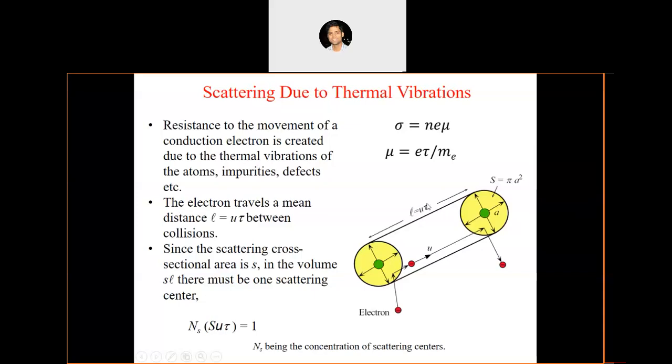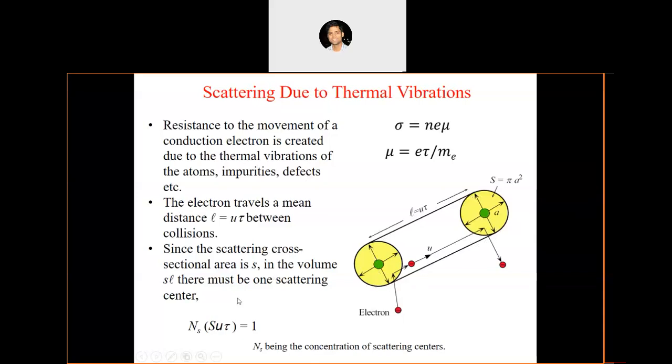So in the distance traveled by the electron in the time tau, there should be only one scattering event. If there is more than one scattering, that means the scattering time will be less than tau. So basically, in this volume, there should be only one scattering center.